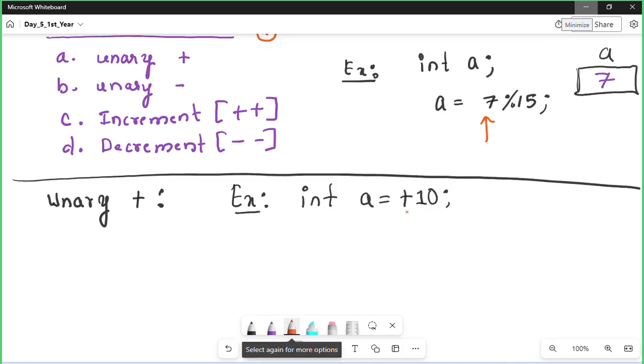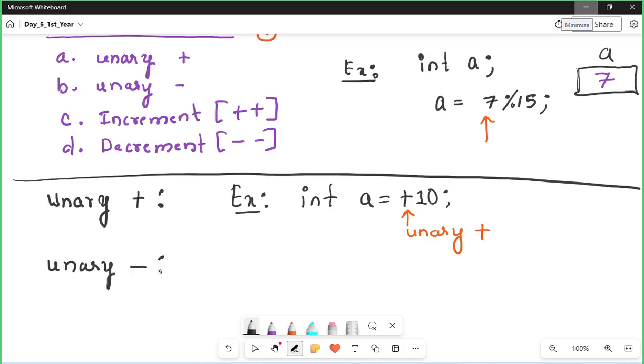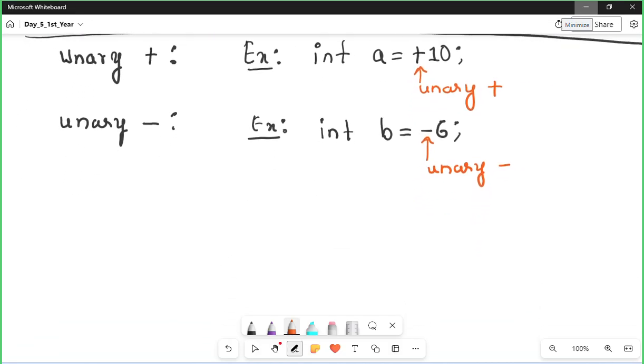This is called unary plus, working on a single operand. Similarly, unary minus works on a single operand. For example, int b = -6. This minus is called unary minus because it is working on only one operand.